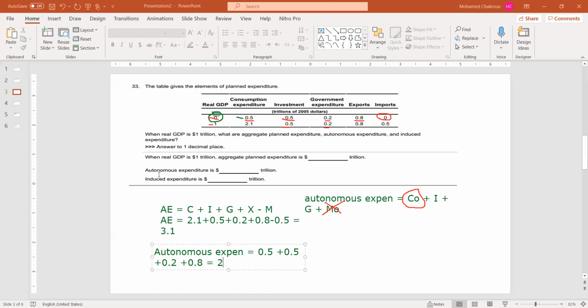What is induced expenditure now? Induced expenditure is the part of expenditure that is related to real GDP.